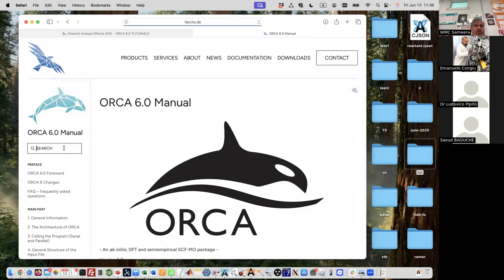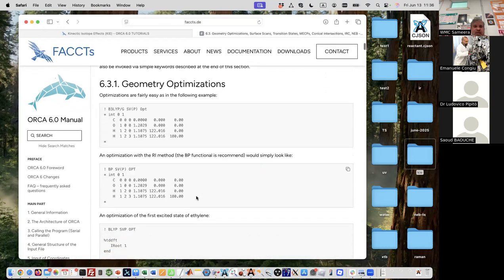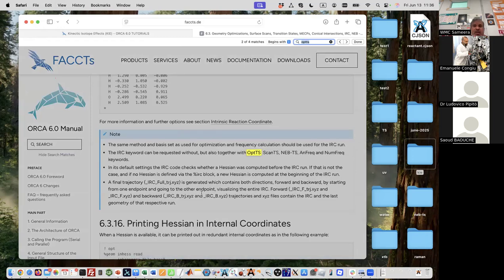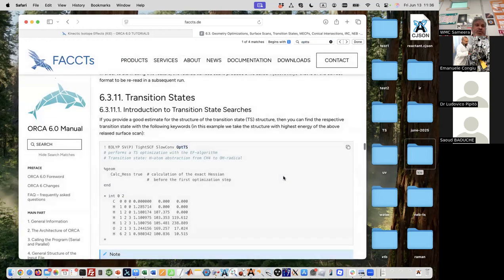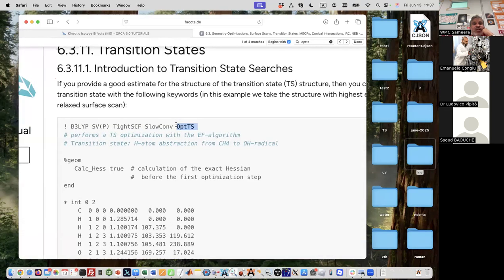If you go into the manual and use the OPTTS keyword, if you can guess a proper transition state, you can simply run transition state optimization using this keyword.